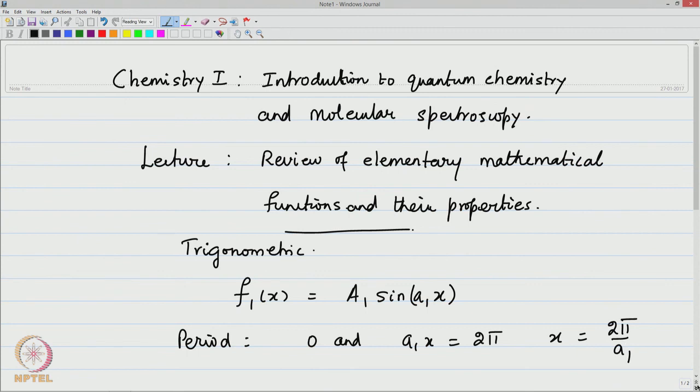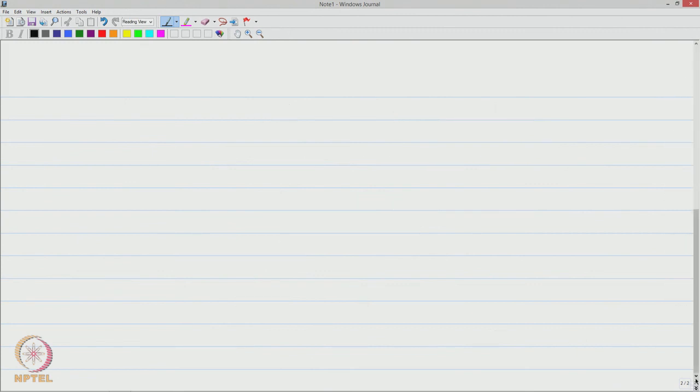So this function repeats after that value of x, and all of us know that this function can be plotted in a very simple manner. If this is f1 of x and this is x, then the function starts with 0 and reaches 0 again at half the interval.